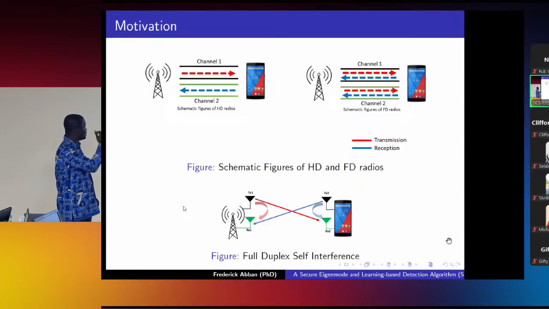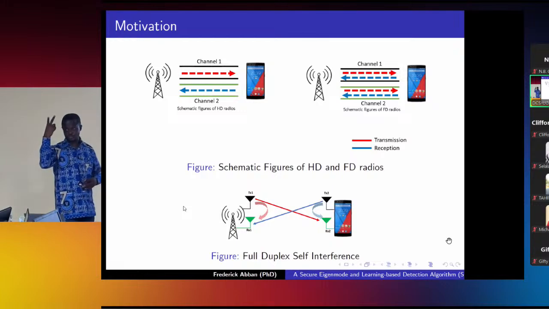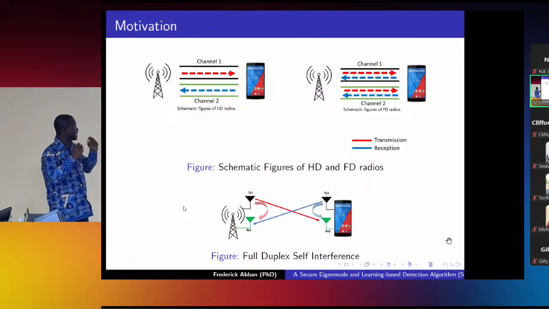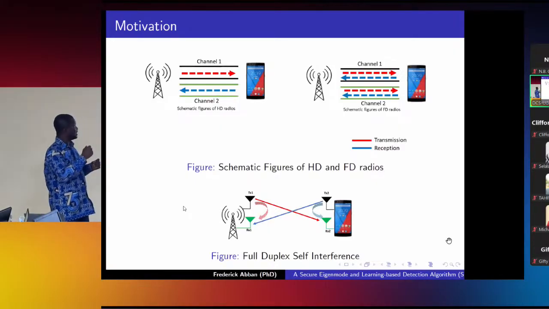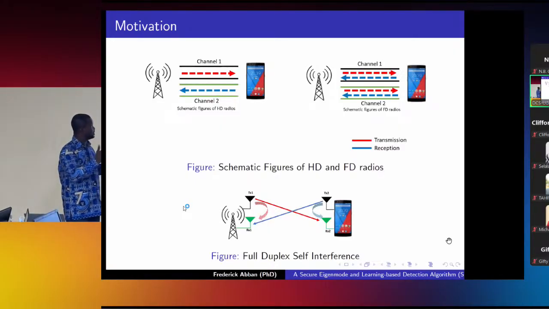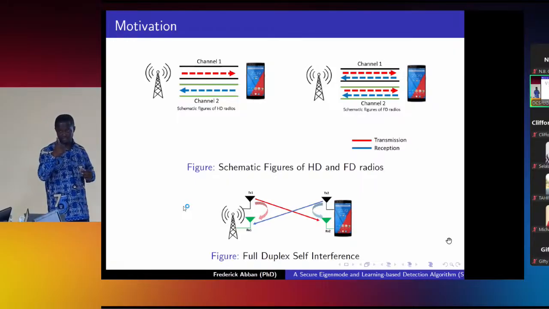And another channel is used for reception. That's two channels. In the case of full duplex, using the image to our extreme right, transmission and reception are done using one channel. And so, compared to the two channels, we can double whatever data volume that we want to communicate.